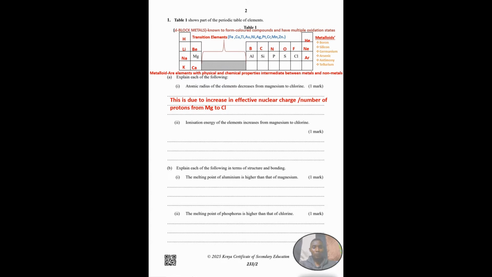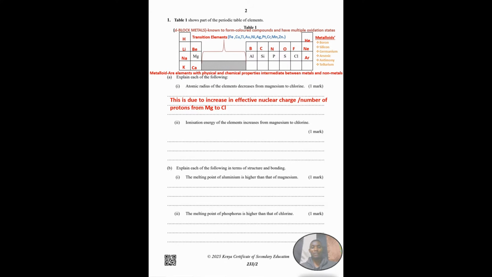As we move from magnesium to chlorine, we realize that there is an increase in the number of protons as we move across the period where these elements are located.